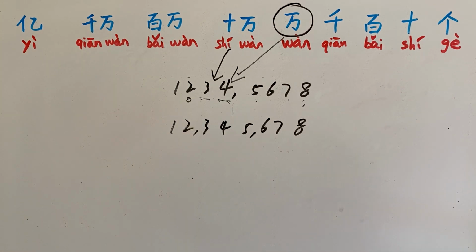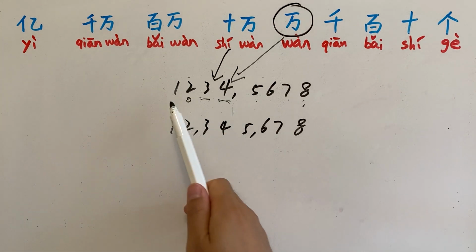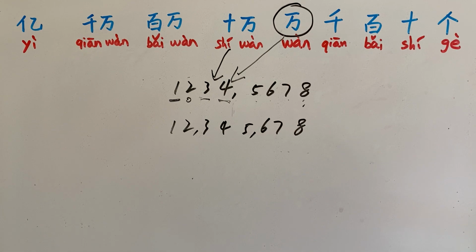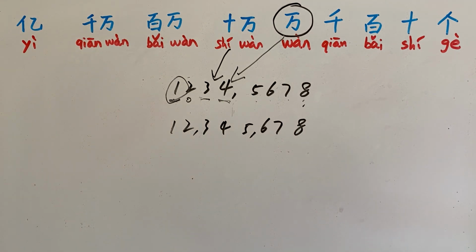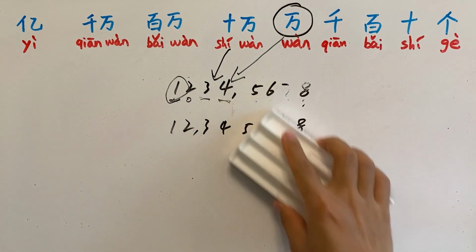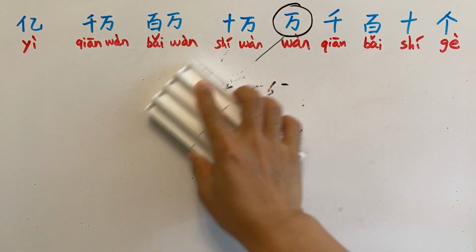This is million, and here is 千万位, which means 10 millions. So that is the biggest difference between Chinese and English. We have one more unit.